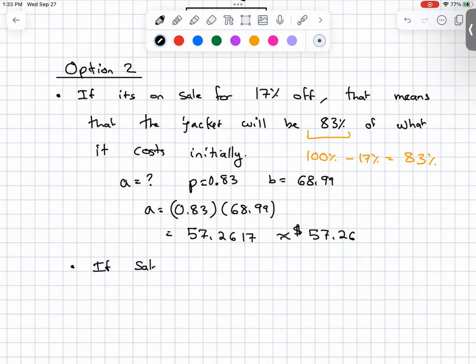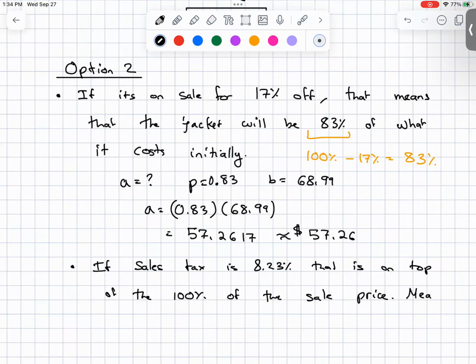If sales tax is 8.23%, that is on top of the 100% of the sale price.